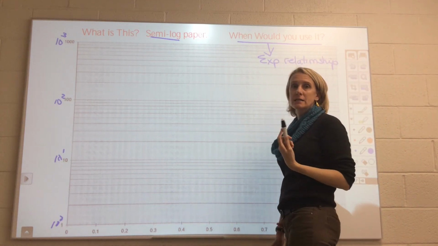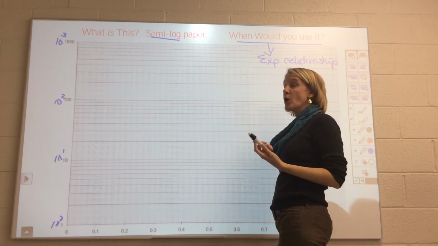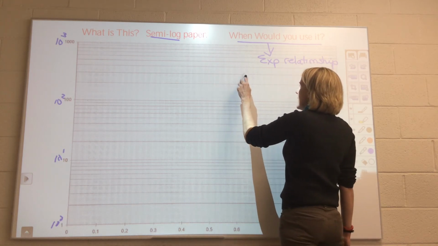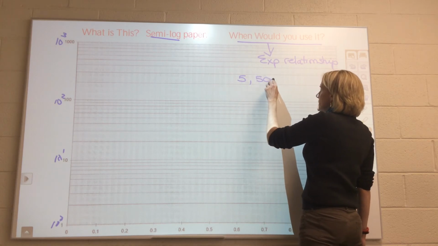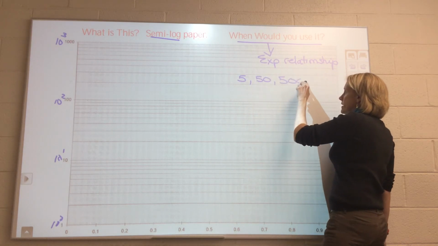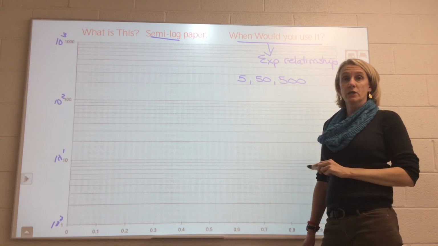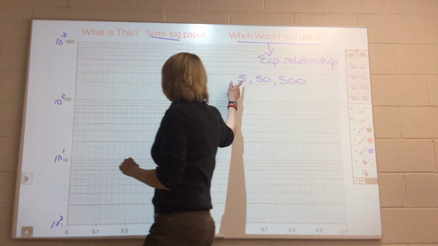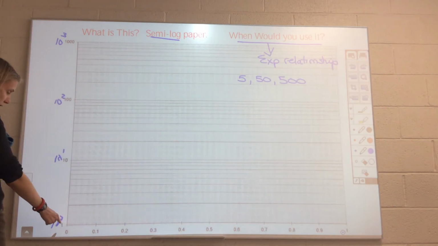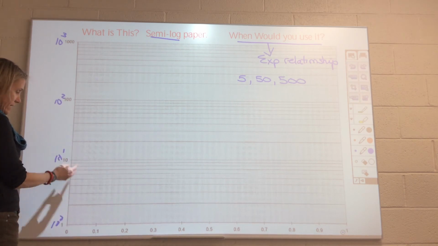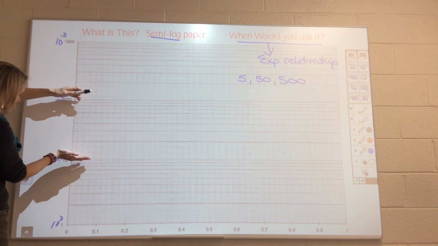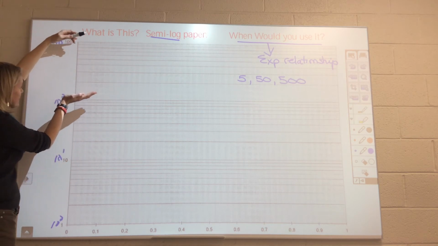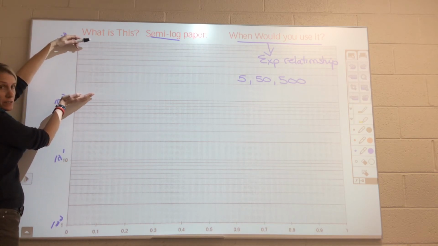Let's practice a little bit about how the numbering might work on this graph. Let's say I needed to graph 5, 50, and 500 on this particular graph paper. Our range goes from 1 to 10, and that's equidistant, so that's the same distance as 10 to 100, and 100 to 1,000.